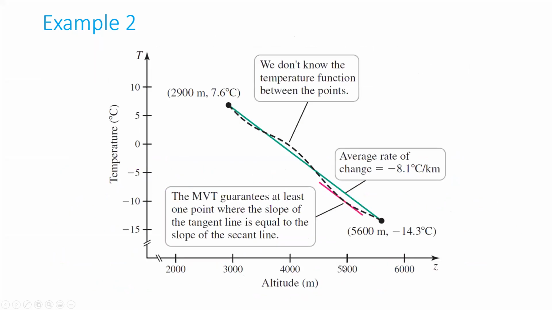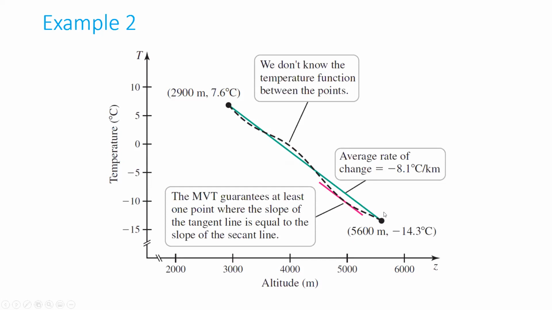So let's look at a graph that could potentially represent this scenario, where we know the temperature at these two points. One was at an altitude of 2.9 kilometers, another was at an altitude of 5.6 kilometers. And we observed that the temperature is going down from 7.6 degrees to negative 14.3 degrees.